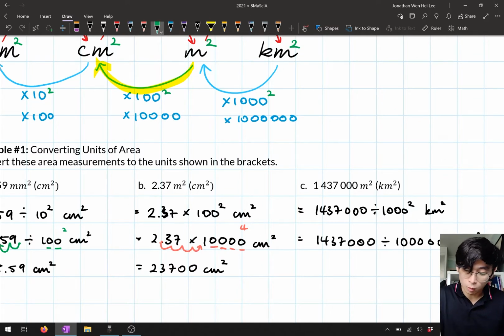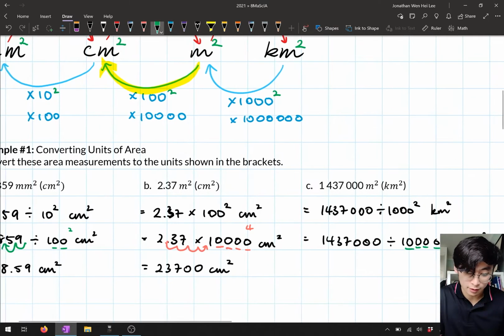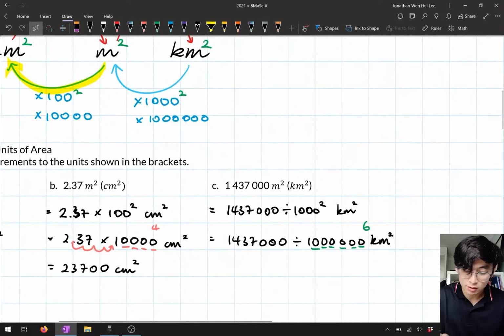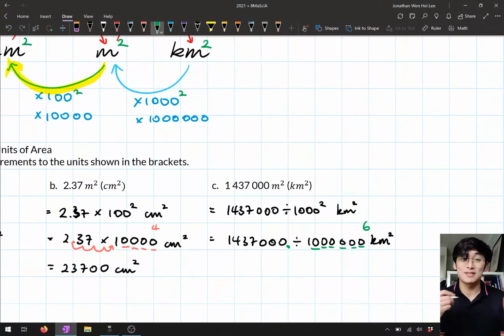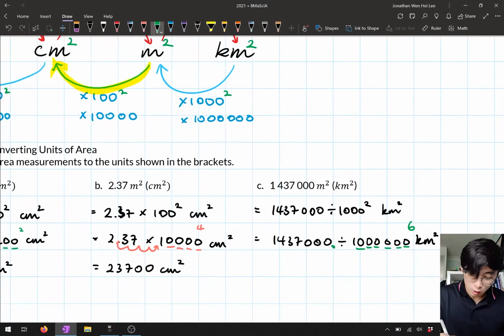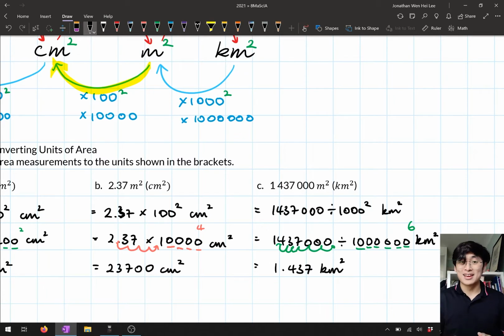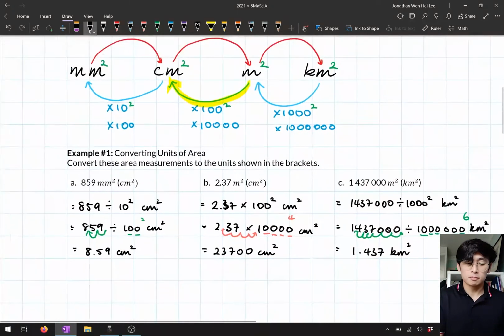So here we've got 1, 2, 3, 4, 5, 6. I've got 6 zeros. My decimal point is here. I'm going to move it to the left 6 times. Here we go. 1, 2, 3, 4, 5, 6. And so here, this just becomes 1.437 kilometers squared.